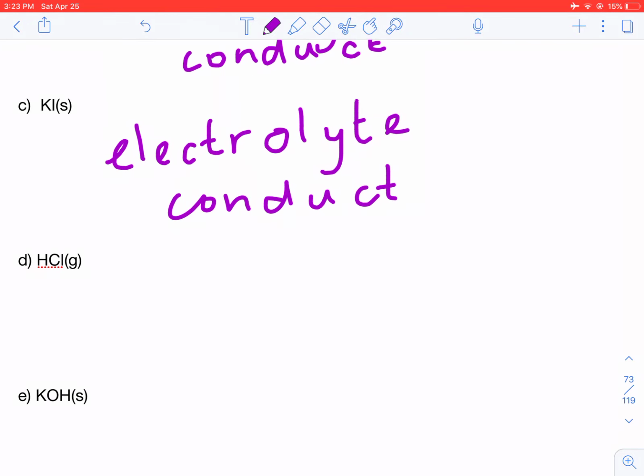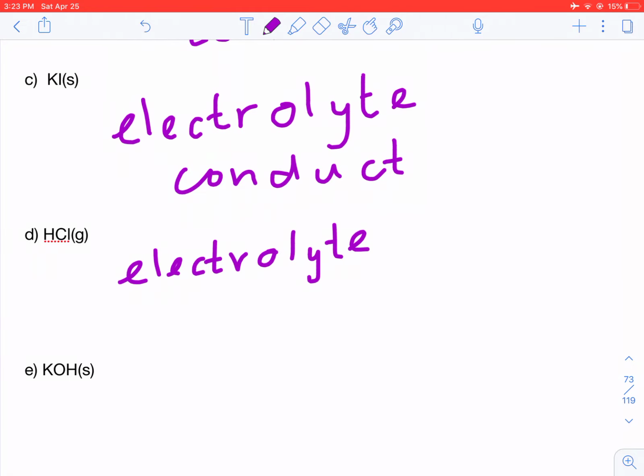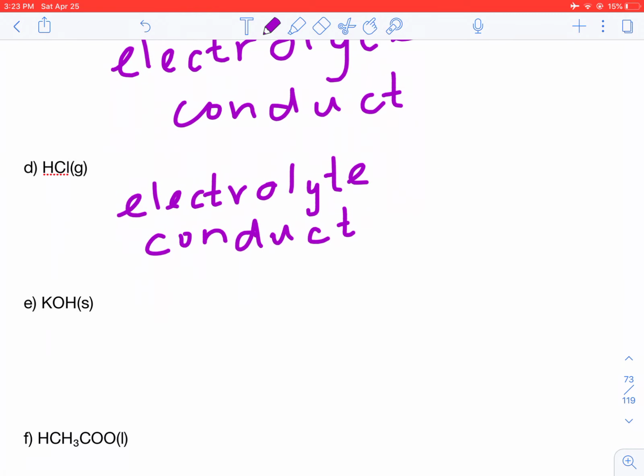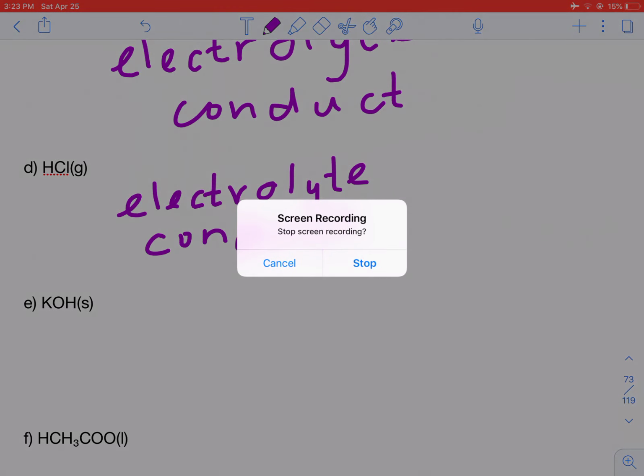Thus, it also forms an electrolyte. We wouldn't have thought so, but because it's an acid, we know that an acid ionizes, so it will conduct. It doesn't have ions, it's a polar substance, but because when it reacts with water, ions are formed in solution, so it conducts.